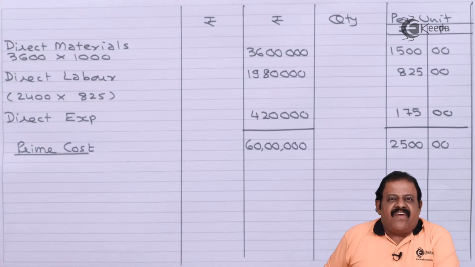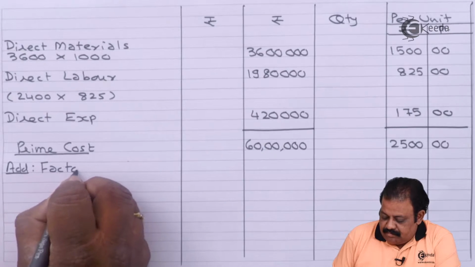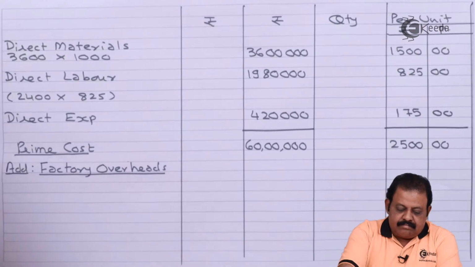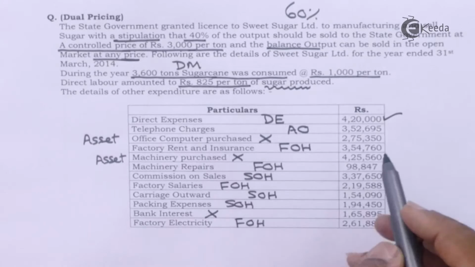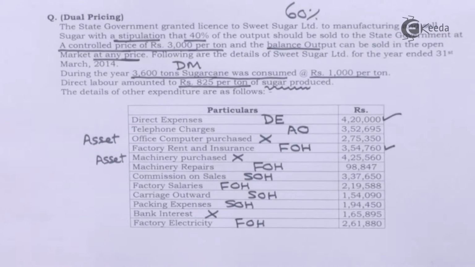To this we will be adding factory overheads. Factory rent and insurance 3,54,760.